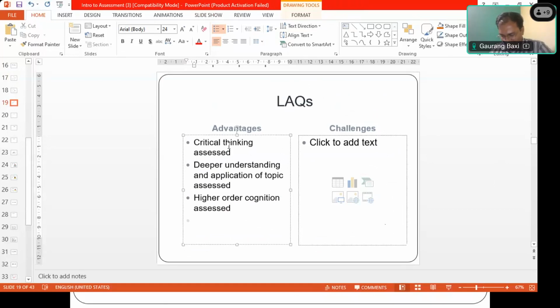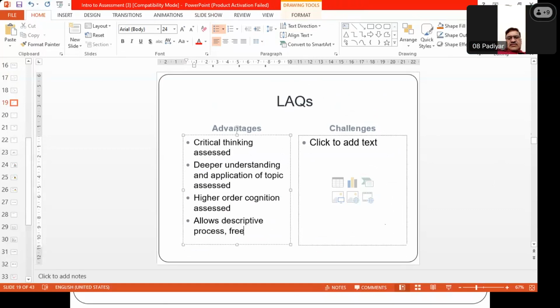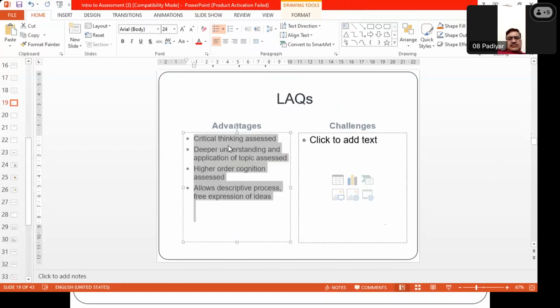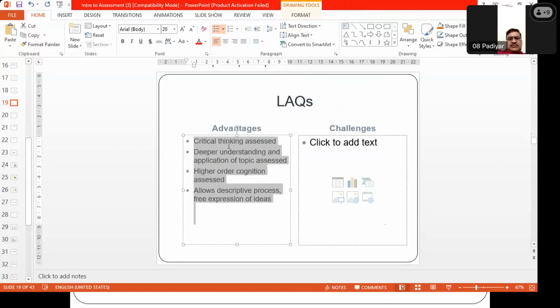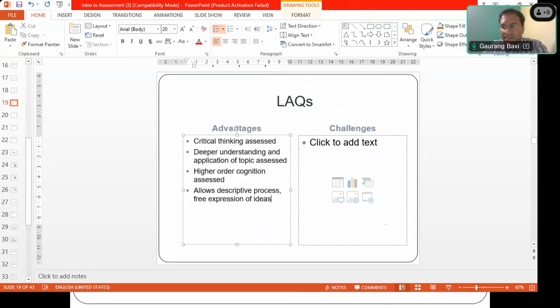So any thoughts flowing out of this? It allows a descriptive process. So is this something which needs to be assessed?